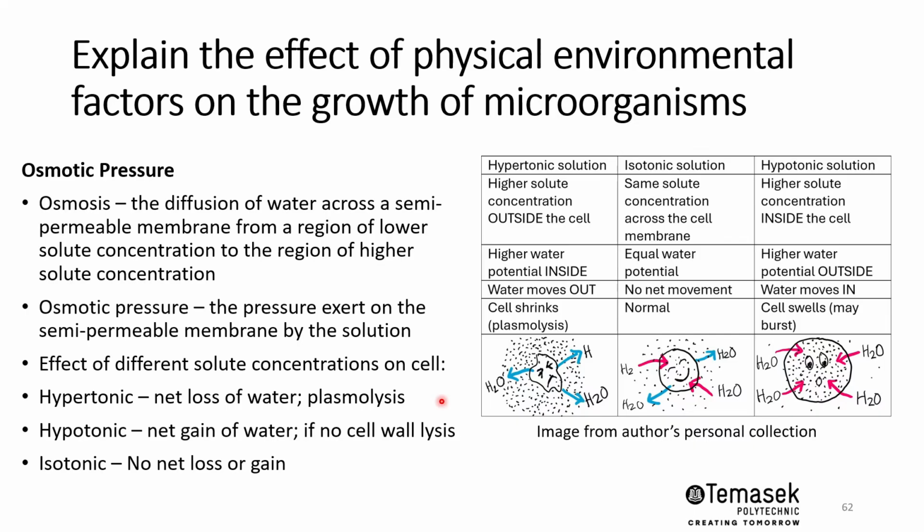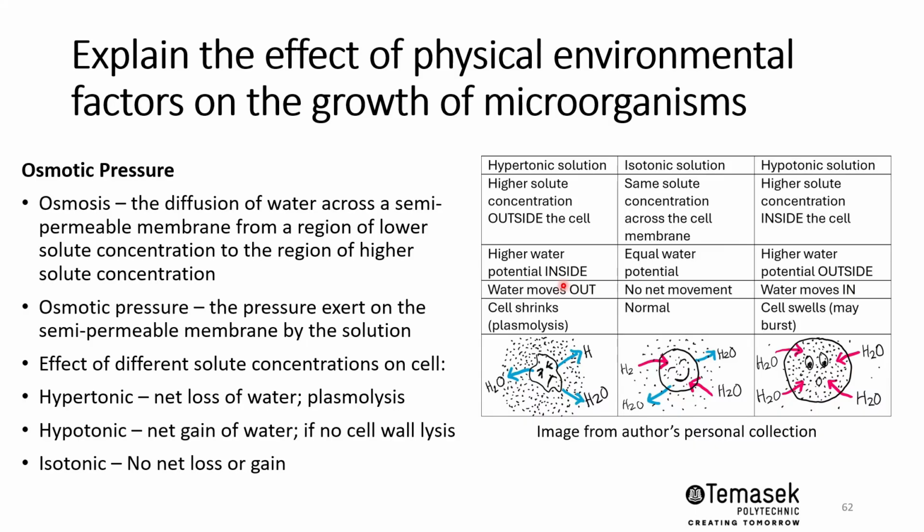If a microbe is placed in a hypertonic solution, that means it is in a very high solute concentration. They will experience a very high solute concentration outside the cell, and there is a high water potential inside the cell itself. With the principle of osmosis, the diffusion of water from a lower salt concentration to a region of higher salt concentration, the water moves out to the region of higher salt concentration in the hypertonic solution.